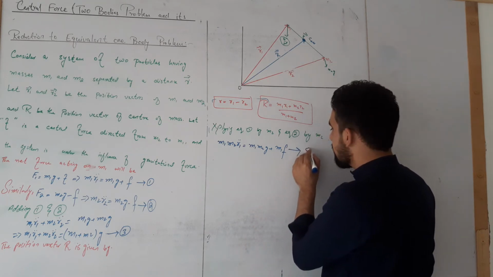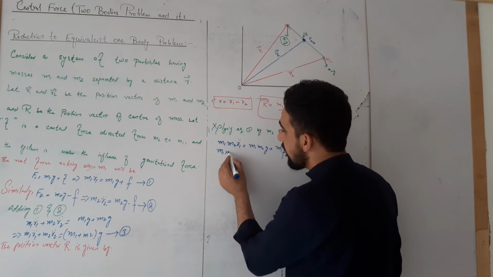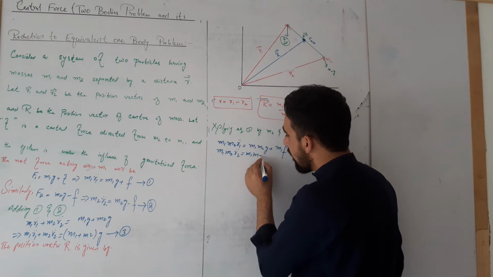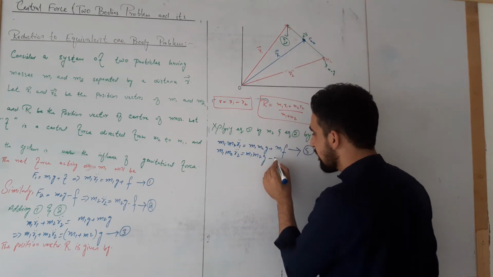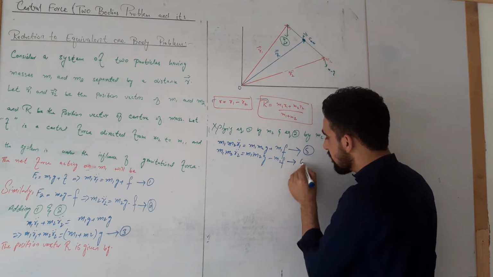So let us call this equation number 5, and similarly m1 m2 r2 double dot is equal to m1 m2 g minus m2 F. This is equation number 6.